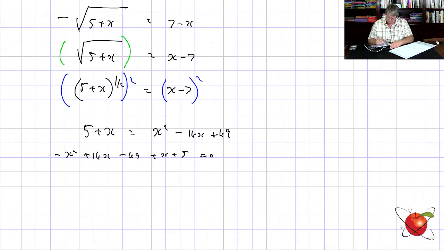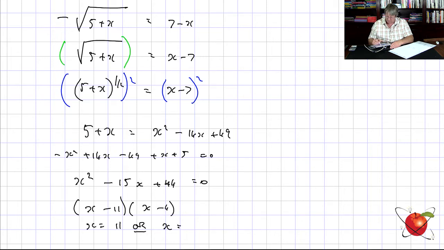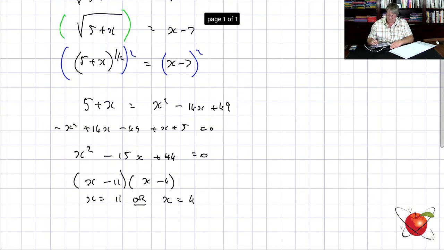We work that all out and end up with x squared minus 15x plus 44 equal to 0. My answer is then x minus 11 and x minus 4, giving x equals 11 or x equals 4. There are my choices.